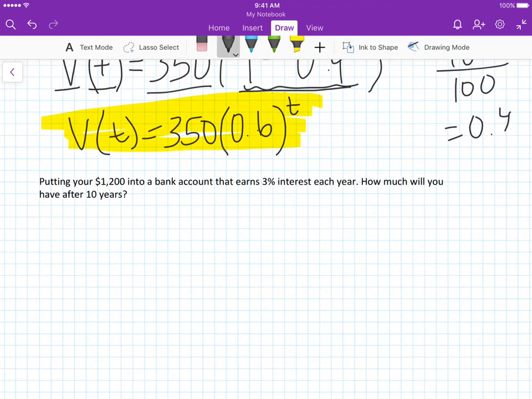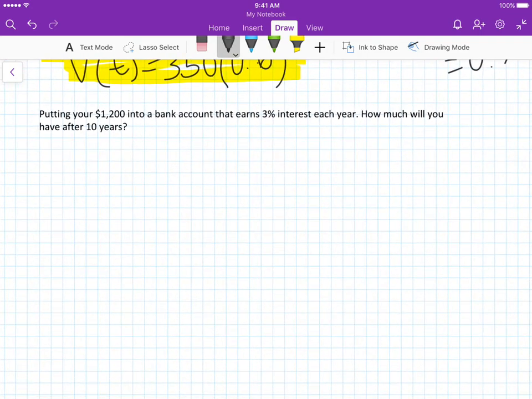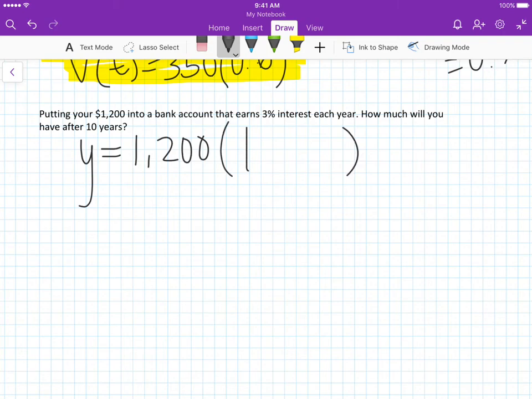And then finally, putting your $1,200 into a bank account that earns 3% interest each year, how much will you have after 10 years? Well, let's start with an equation. I start with $1,200. I earn 3% interest.